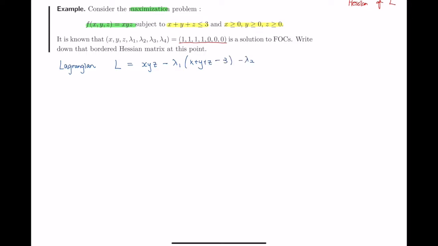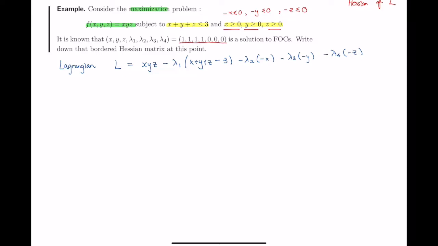So don't forget, because this is a maximization problem, you have to rewrite all this in the form minus x less than or equal to 0, minus y less than or equal to 0, and minus z less than or equal to 0. So you put minus x, minus y, and minus z respectively in your Lagrangian. So this is how you form the Lagrangian.